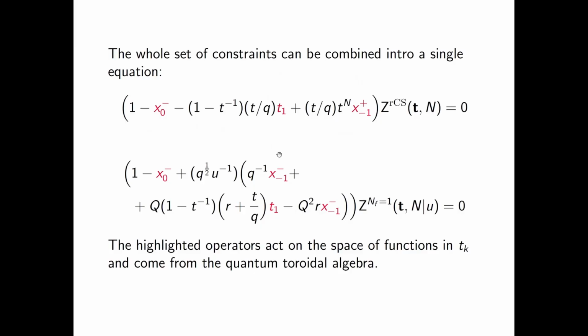Now I'm skipping a page or two of technical computation, but it turns out that the same idea works as for the undeformed case, where by combining the Virasoro constraints, I can actually write a single equation whose solution is going to be this partition function.